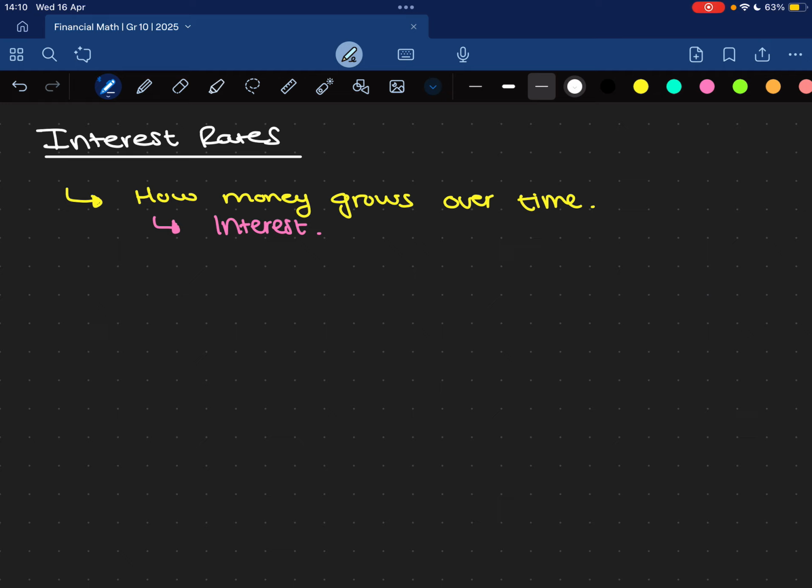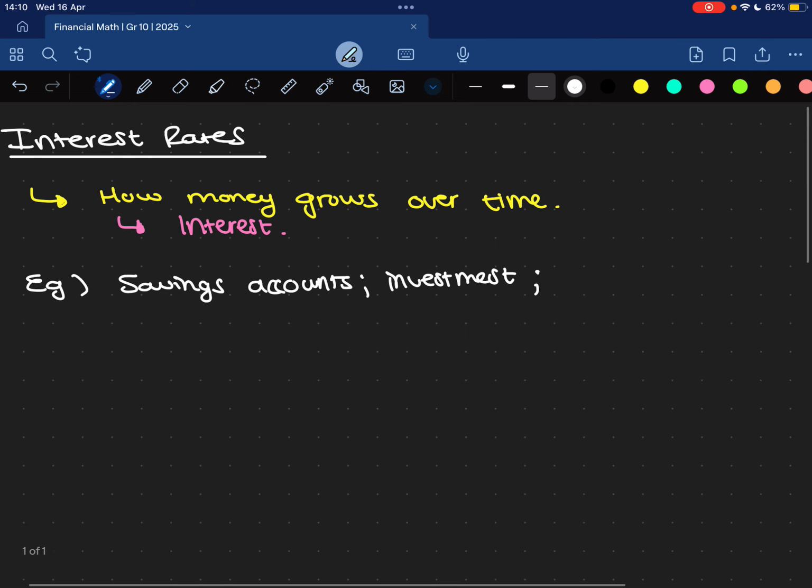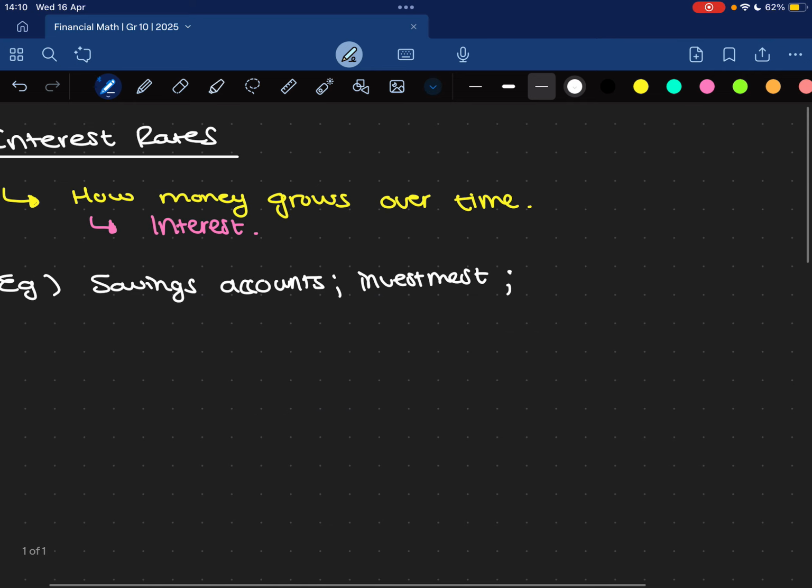Okay, so examples are like savings accounts, investments, but it can also go for accounts that gain interest over time, such as loans, short or long term.